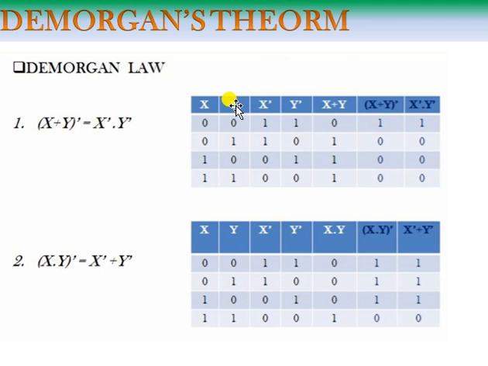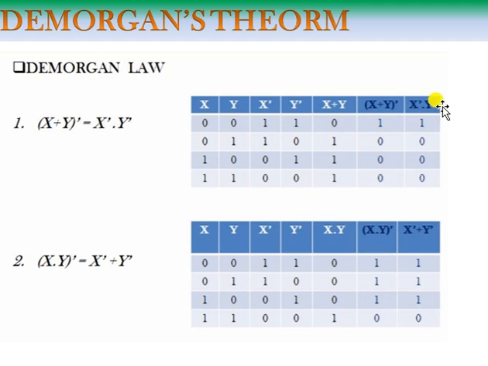We can prove this using a truth table. These are x and y, two inputs: 00, 01, 10, 11. x bar is the opposite of x: 1 1 0 0. y bar is the opposite of y: 1 0 1 0. Addition x plus y: 0 1 1 1. (x plus y) whole bar means the complement of this: 1 0 0 0.